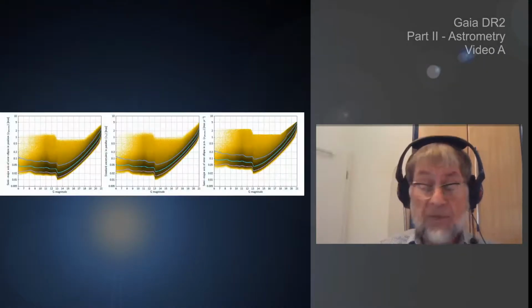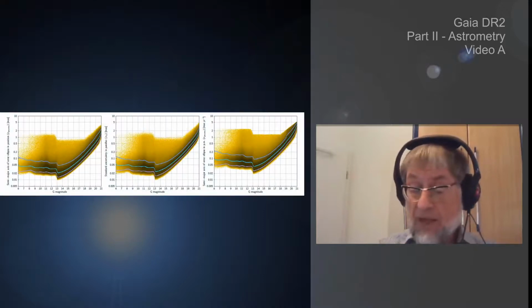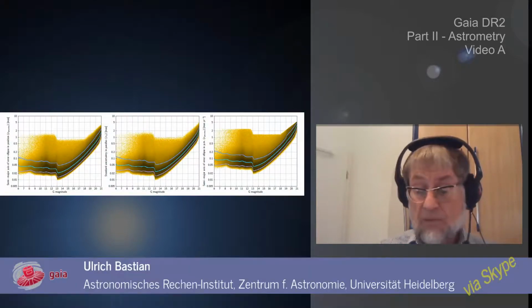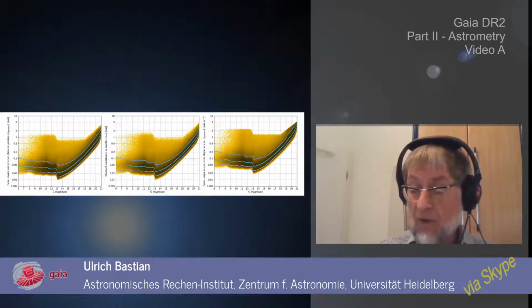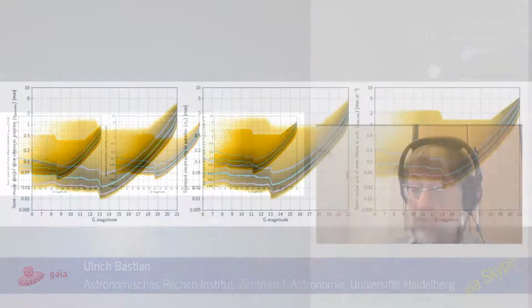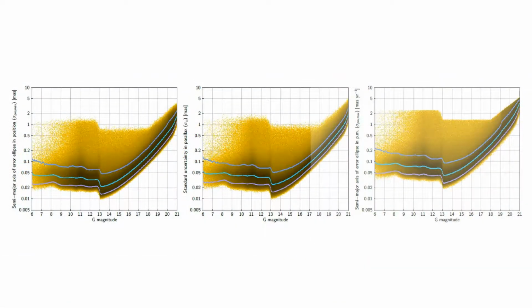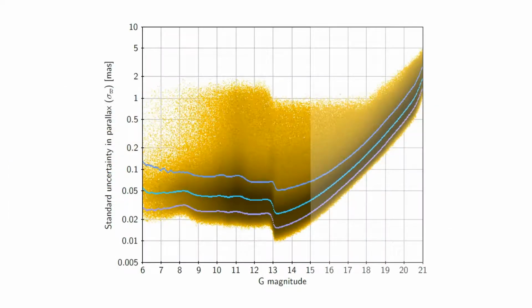So if you look at figure B2 of the same paper, there you see the distribution of the estimated formal uncertainties of essentially all the stars in the Gaia Data Release 2. Let's concentrate on the middle of the 3 panels. Here you see the distribution of the estimated formal uncertainties of the parallaxes as a function of G magnitude.